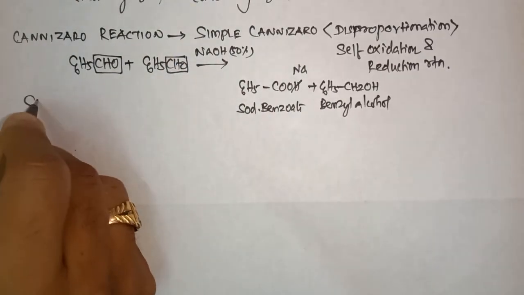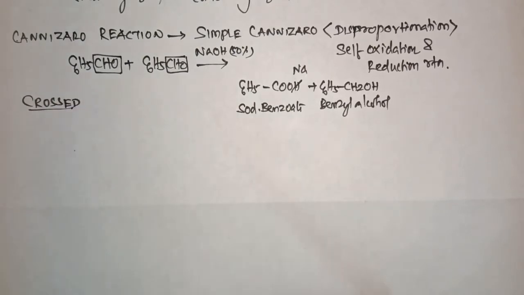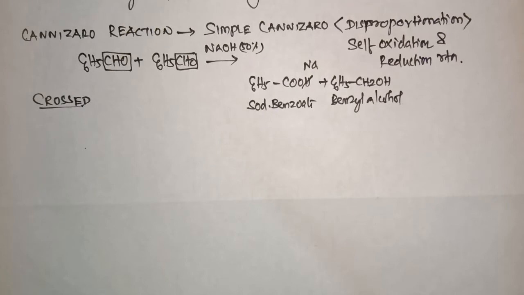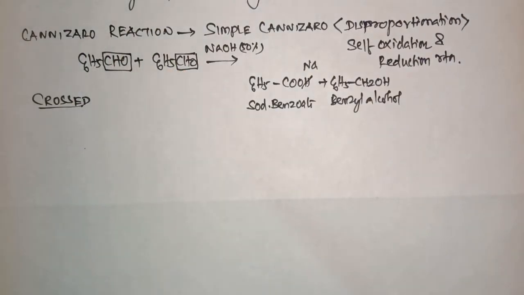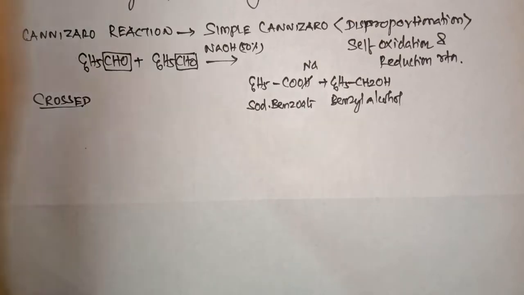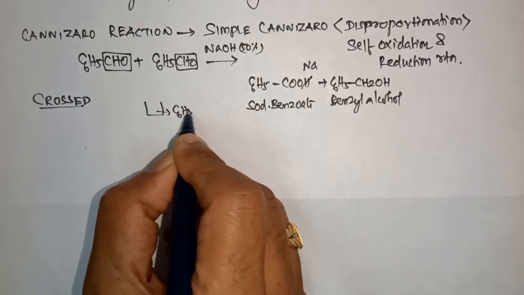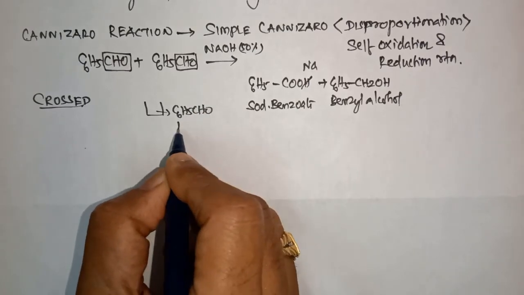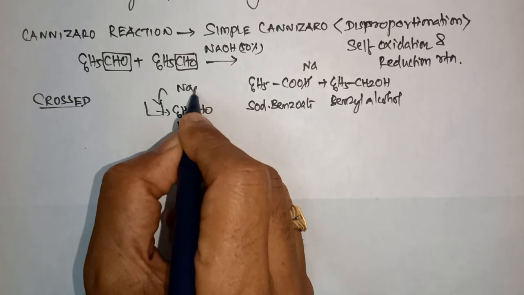Then I come to the crossed Cannizzaro reaction. What is called crossed? Here also two molecules of aldehydes which do not contain alpha hydrogen are involved, but they are different. Suppose I take a beaker in which benzaldehyde and formaldehyde are taken. To this I add 50% sodium hydroxide.